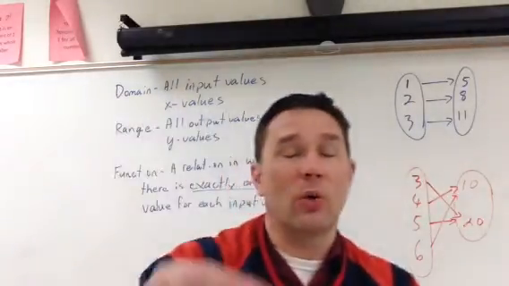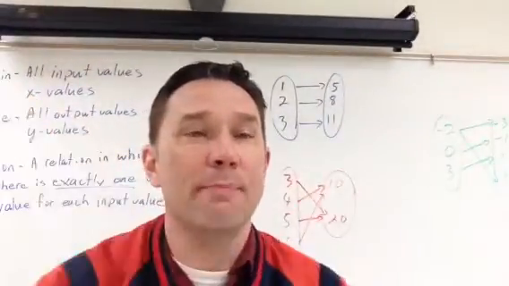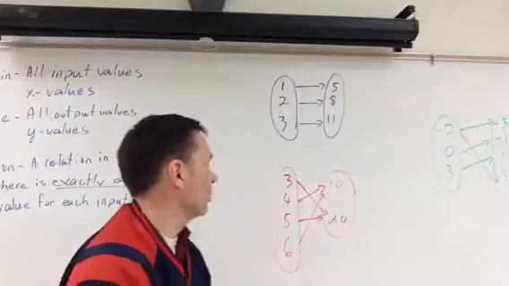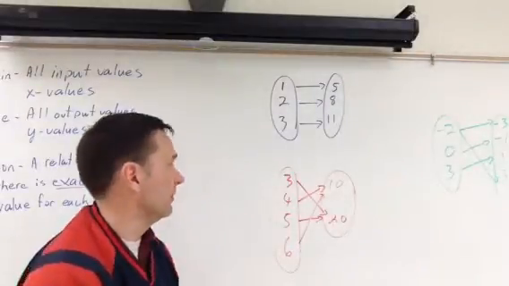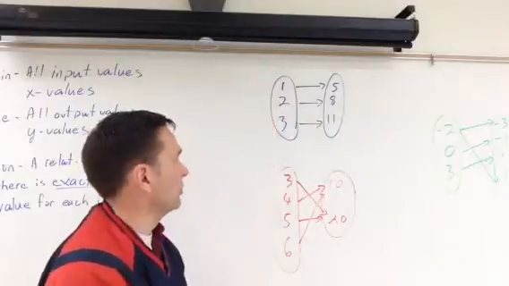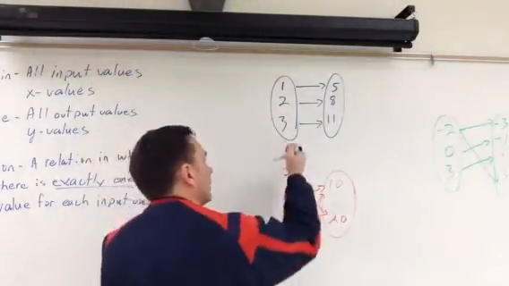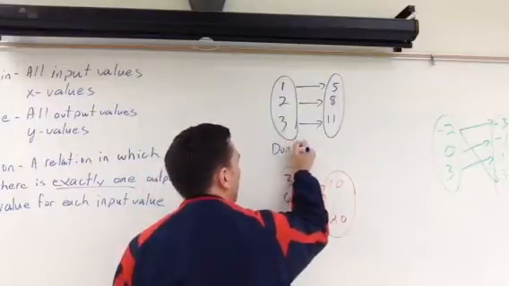Now, one way we can organize our relations is with a mapping. This is what a mapping looks like. We're going to look at three of them. To start with, we have this one in blue and this one in red. What we start with over here could be categorized as our domain.